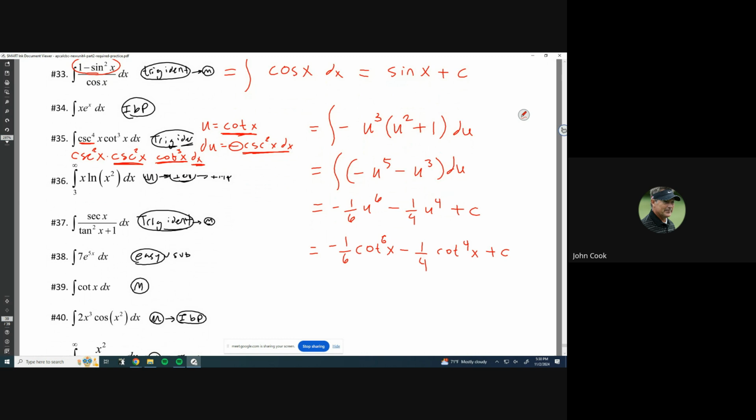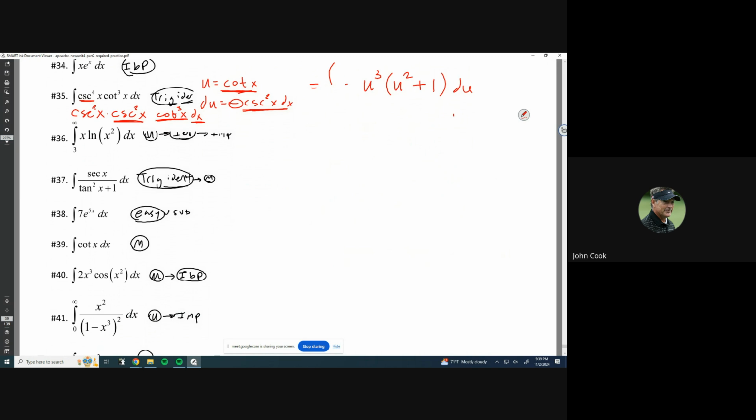Okay, and then let's see, do I have another trig identity one? Yeah, number 37 it looks like. All right, 37. Okay, yeah, right off the bat. Tangent squared plus 1, that's the same as saying secant squared. So I can replace this with secant of x over secant squared of x dx.